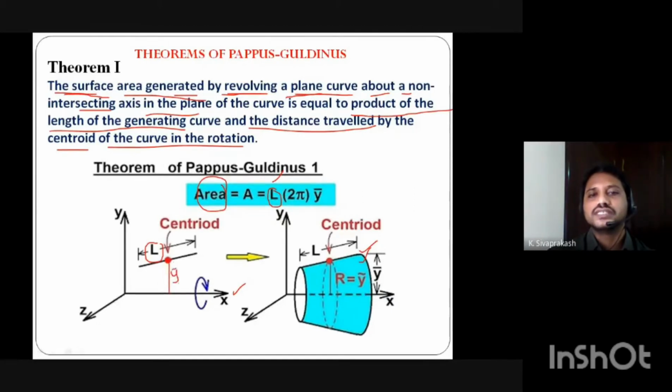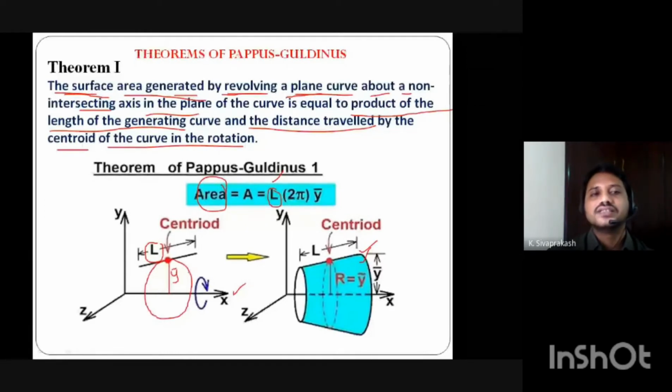Now, the distance traveled by the centroid of the curve in one revolution. One revolution means 360 degrees. I am taking 360 degrees because only if this curve is rotated 360 degrees will you get the complete surface area.